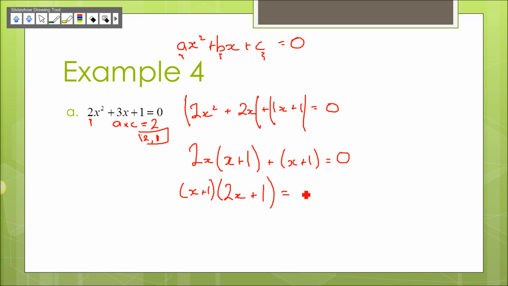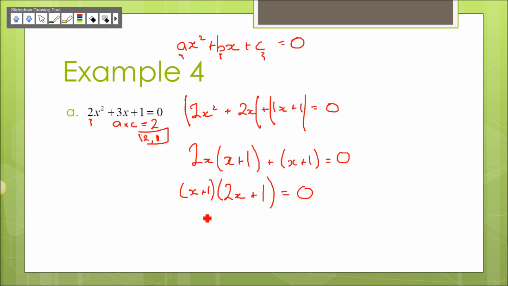And that's how we factorize these questions, by first splitting our second term into its factors, taking out one common factor, taking out another, and that will finally factorize our equation.